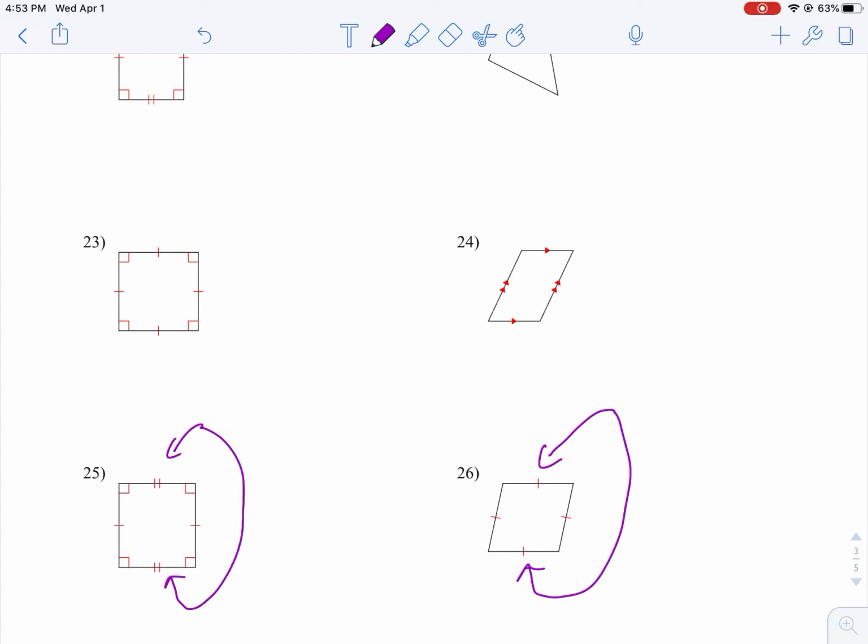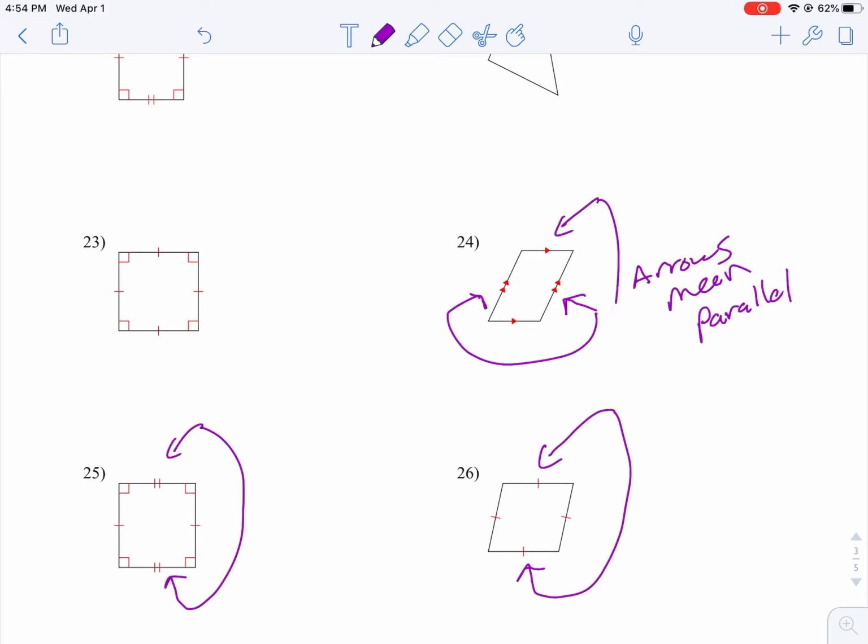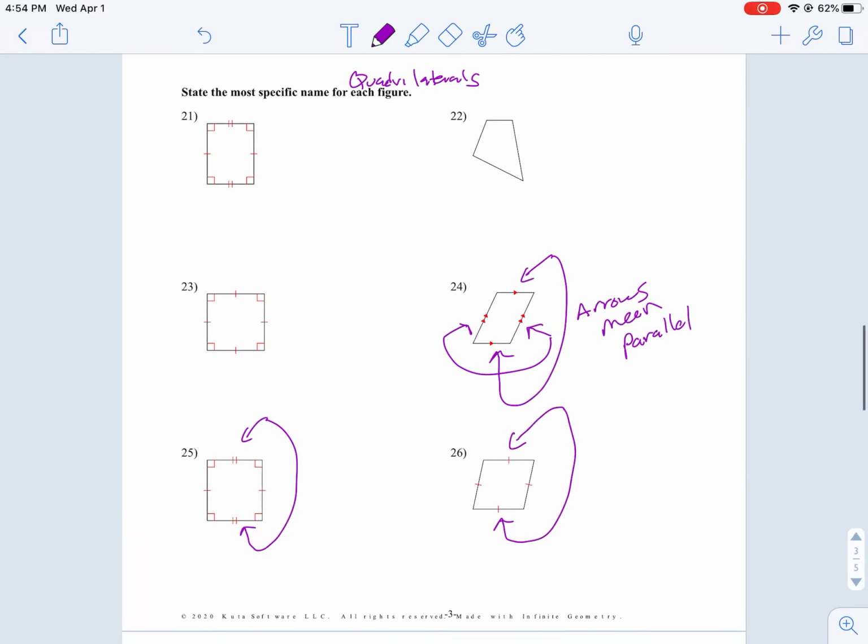If it has 2 tick marks, it's only congruent with sides with 2 tick marks. But what you see here are arrows. Arrows mean parallel. So 2 arrows means it's parallel with 2 arrows. 1 arrow means it's parallel with 1 arrow. So tell me the best descriptive of those.